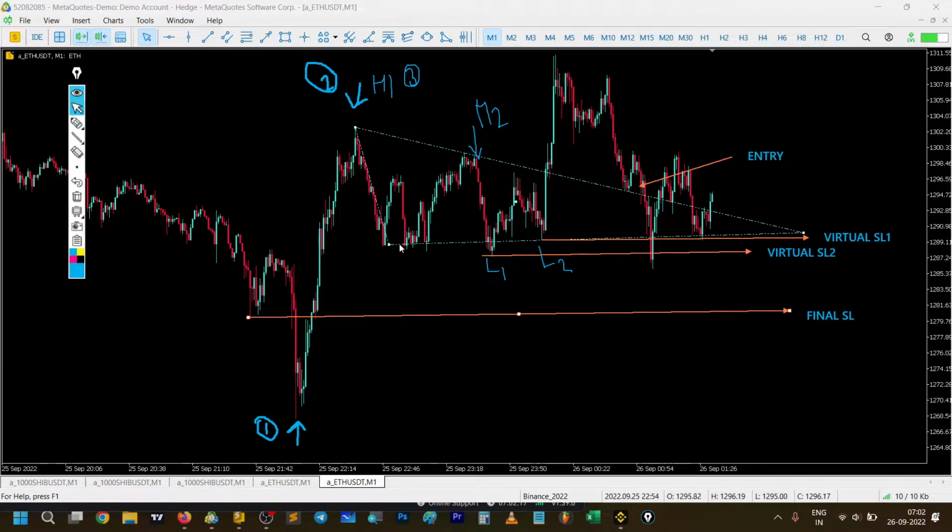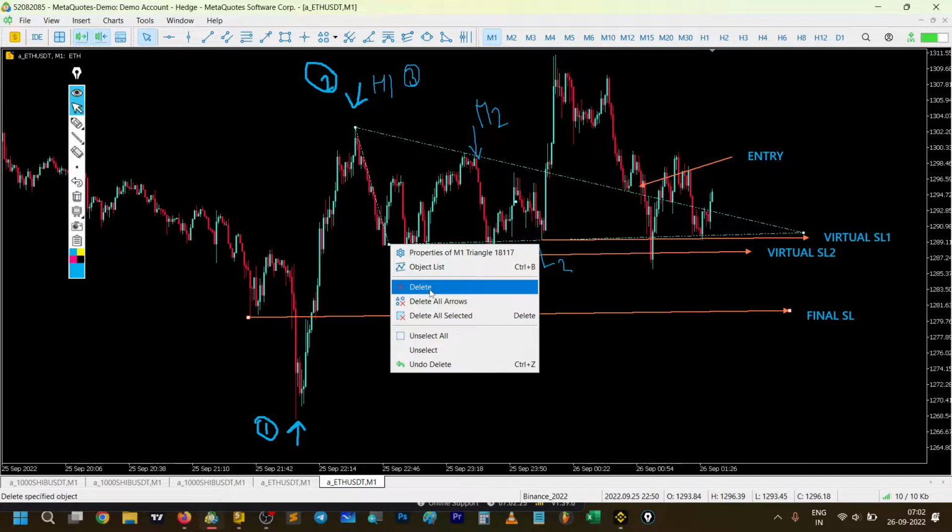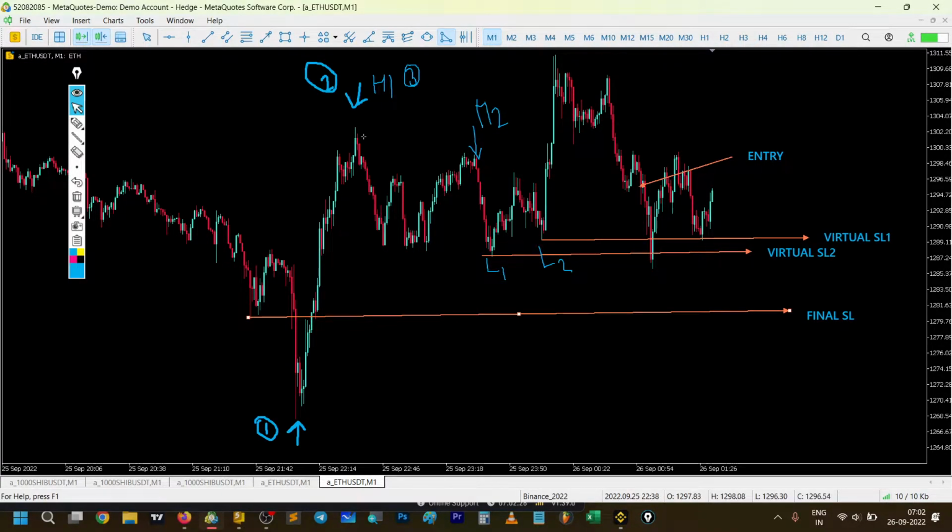Once it's locked, you have to draw a triangle. How I did it: I selected the triangle tool, selected this top and this bottom, and extended it like this. You only have to worry about h1, h2 and l1, l2.